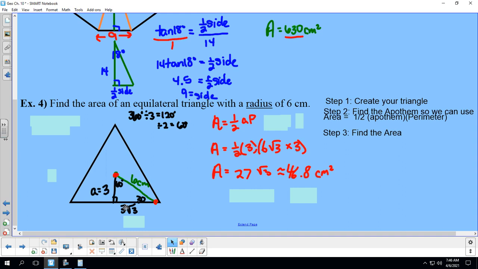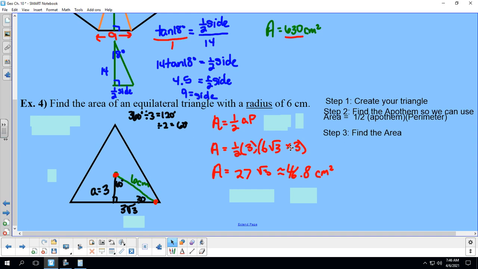So if half of our side length is 3 root 3, the whole way across is going to be 6 root 3.